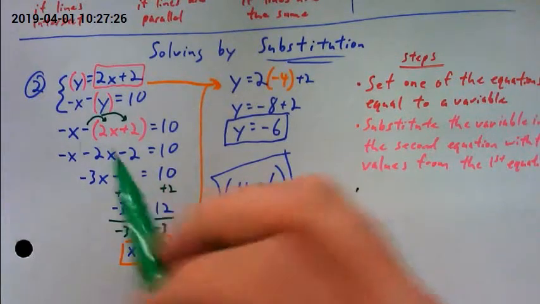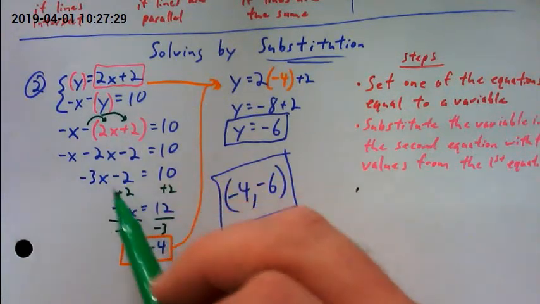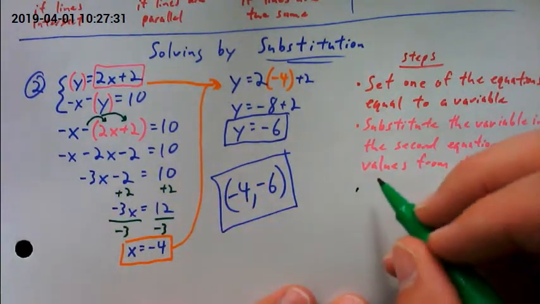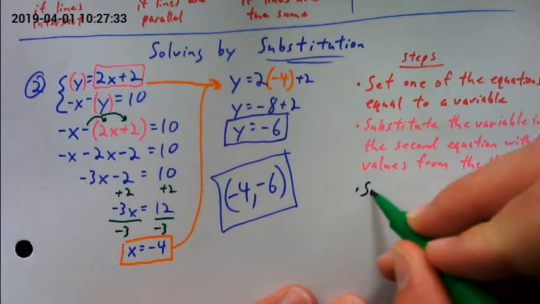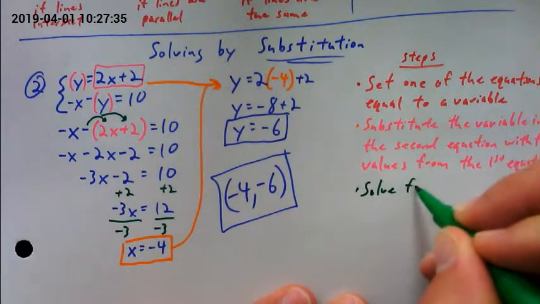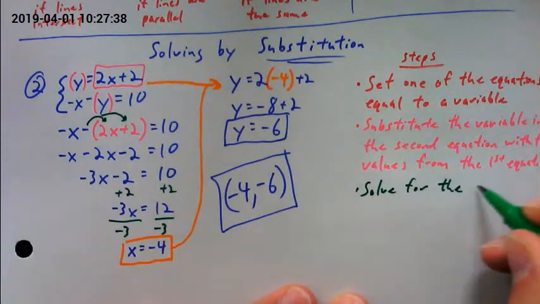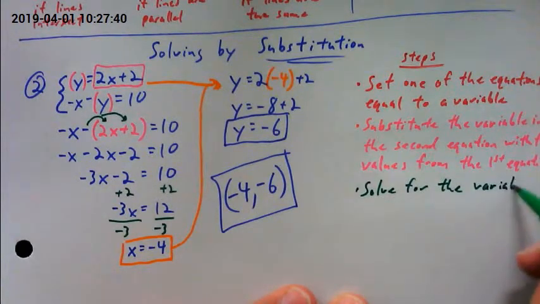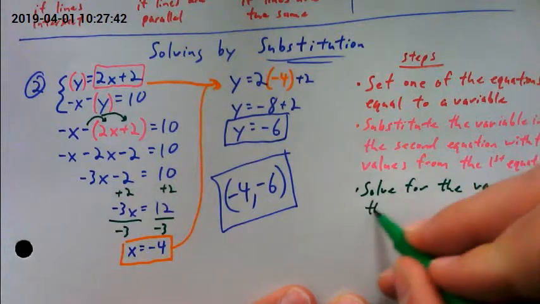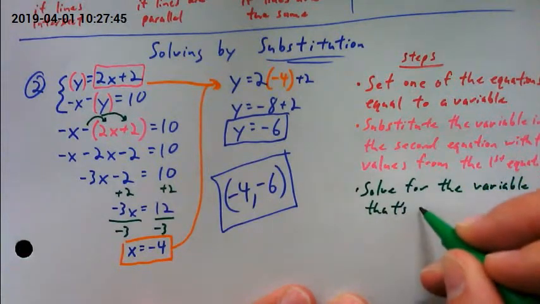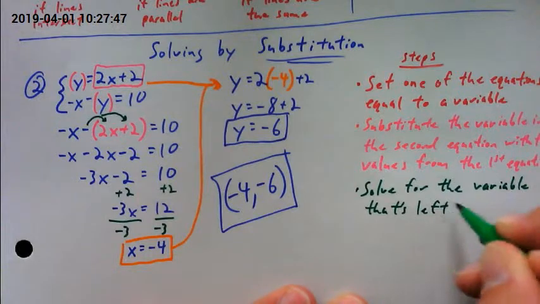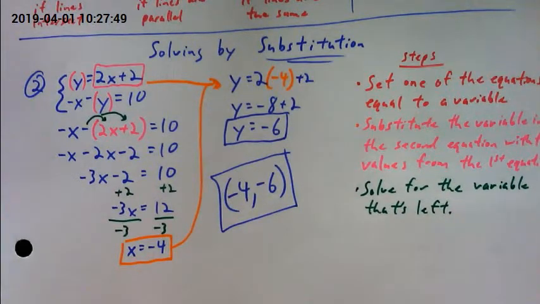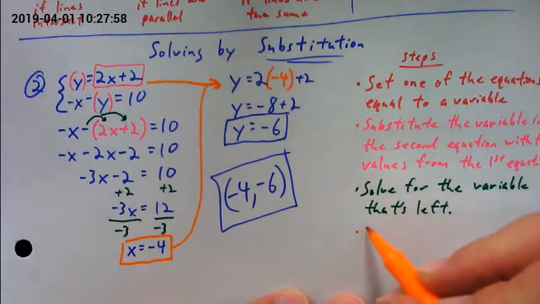And then it's a matter of solving. So then after we did that, we had plugged it in, then we went through the process of solving. So solve for the variable that's left. Once you've solved for that first variable, we're going to take that variable and we got to substitute it back in to one of the original equations.